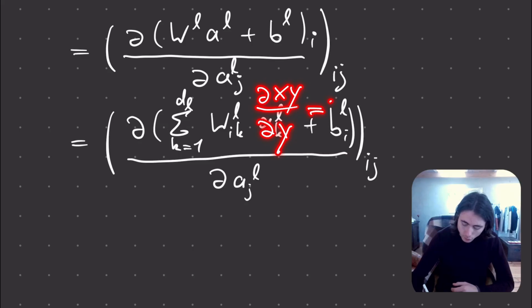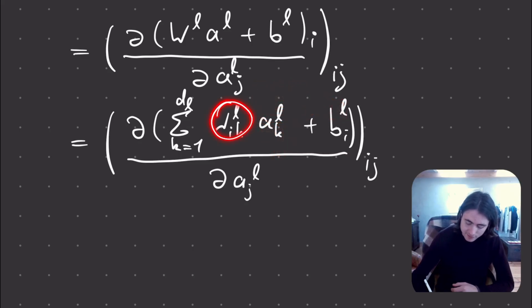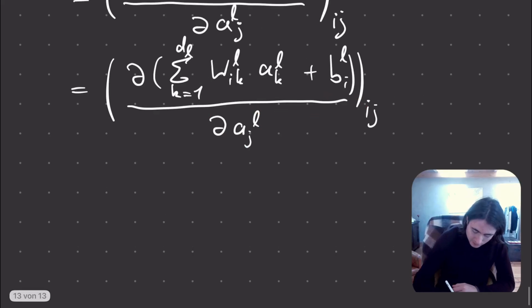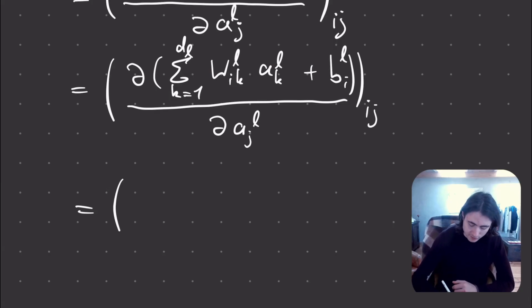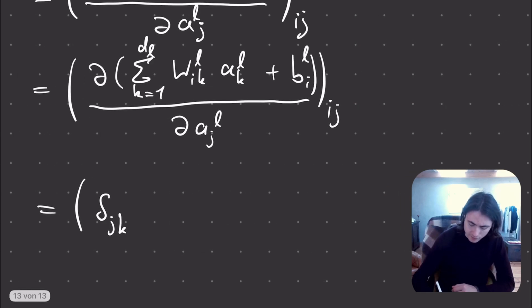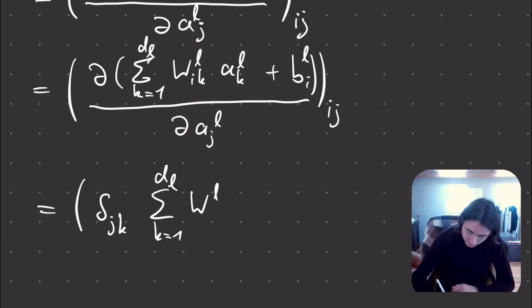So then only x is left, which means that this here is the only thing that's left. And it's only left in the case where i is equal to j. So I can write it down a bit more precisely in mathematical terms. We are using our delta jk, and the differential of this here with respect to that is, well, let me write down the sum once again, just WL ik.